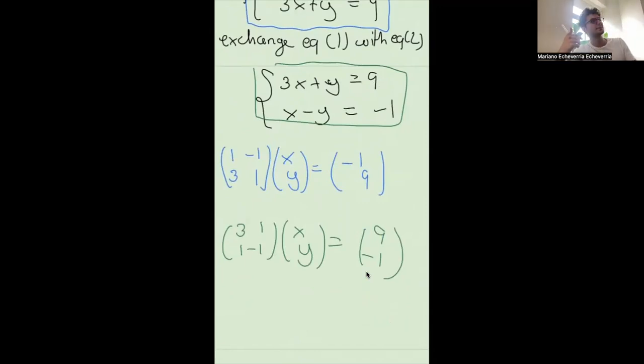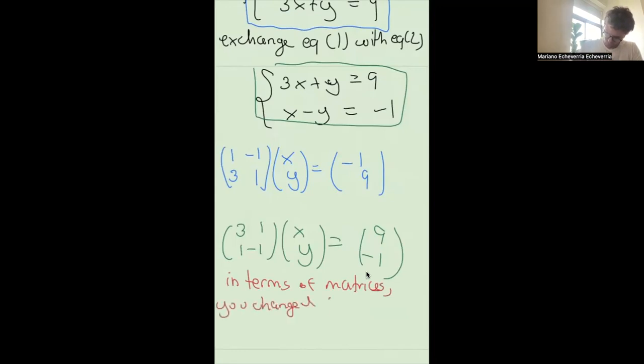So in terms of the matrices, you literally swap the positions of the rows: send row 1 to row 2 and row 2 to row 1. Is that okay?